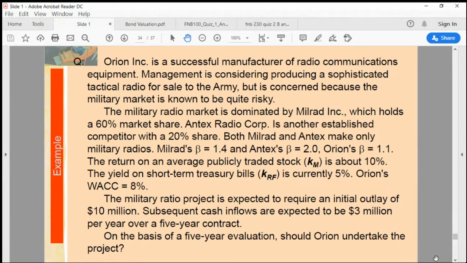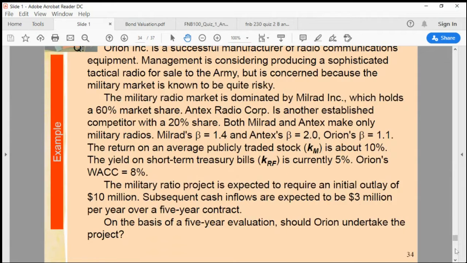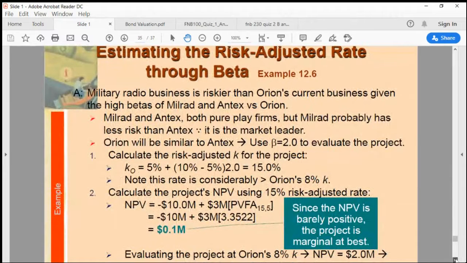And then we calculate the net present value or internal rate of return and see if venturing into the military market is worth taking. Okay, so estimating the risk-adjusted beta.